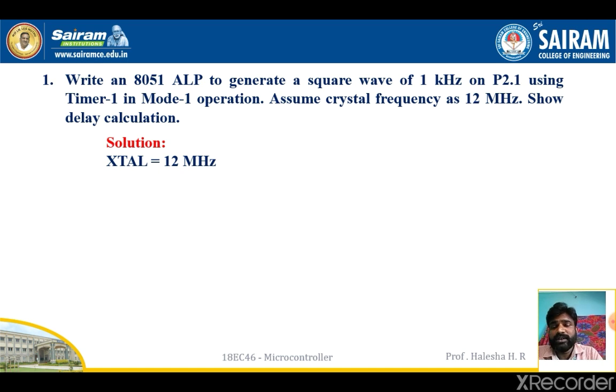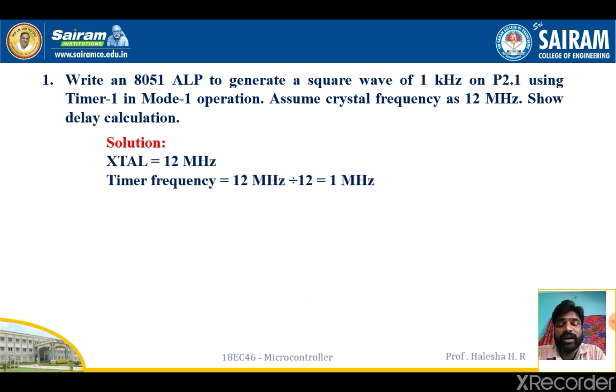As you know, this frequency will be divided by 12 and then given to the timer. So the timer frequency is 12 megahertz divided by 12, which is 1 megahertz. The corresponding timer period is 1 over f, that is 1 microsecond.